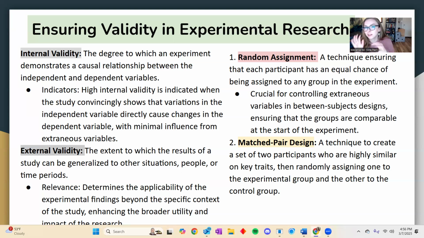I know that gets complicated. The core of it is that the more random it is, the more valid it is. And depending on your research topic, you might also need to think about matched pair.